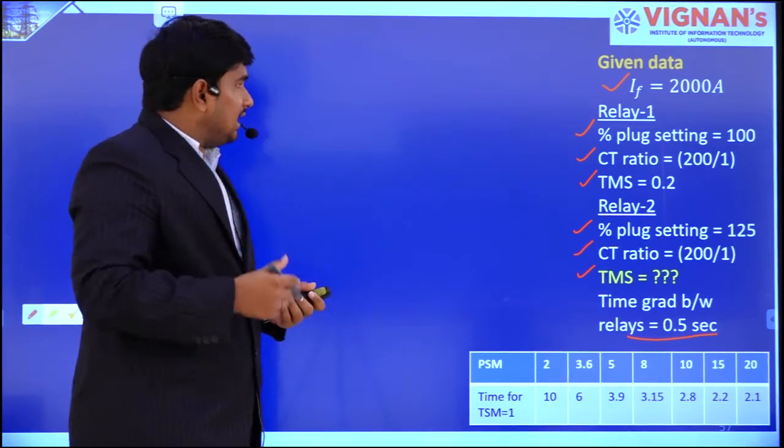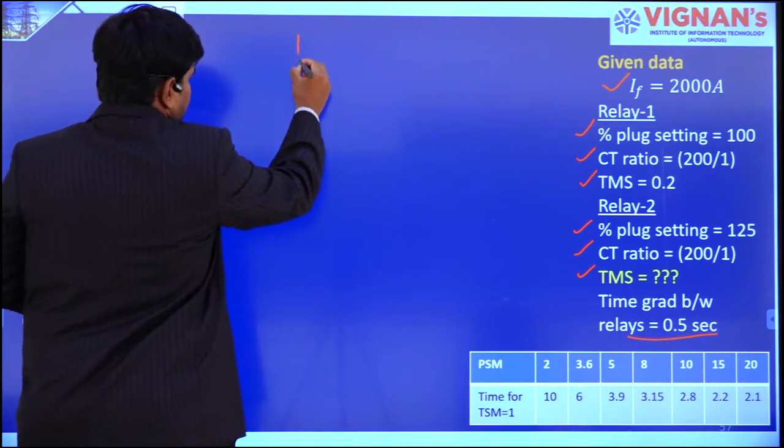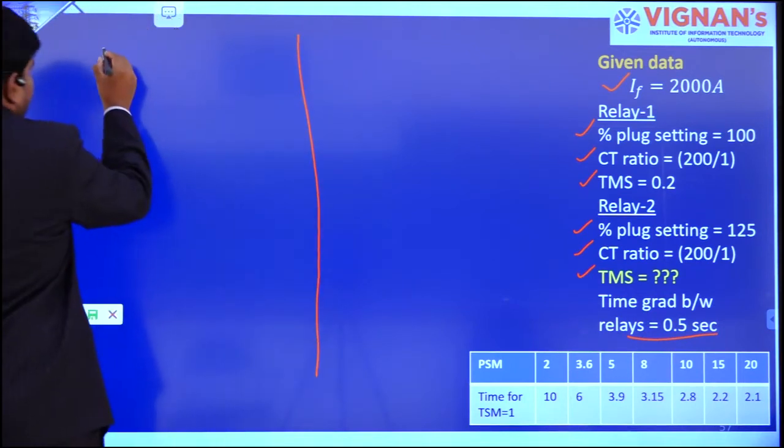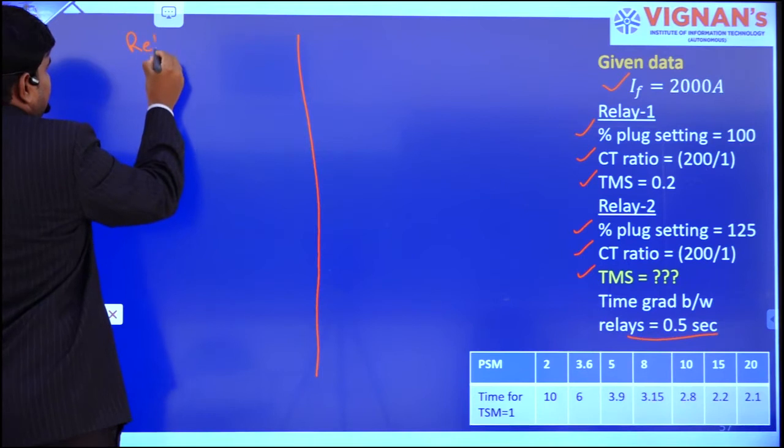Now let us go through the procedure. First I am calculating for relay 1.